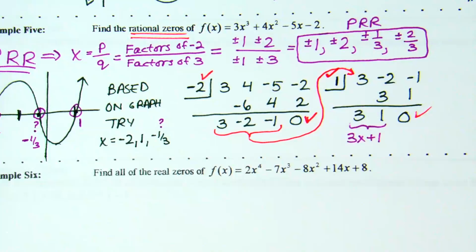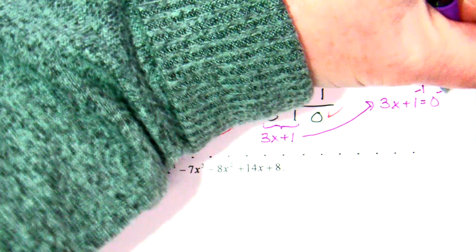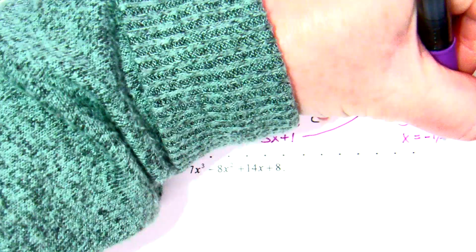Set that equal to 0, and what do you notice? 3x plus 1 equals 0. If you start solving that, subtract 1. 3x is negative 1, and x is what? Negative 1/3.